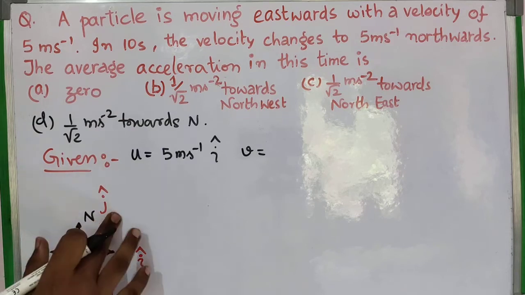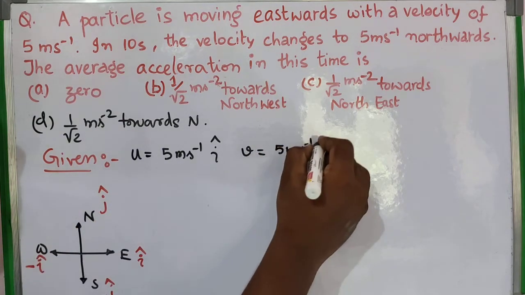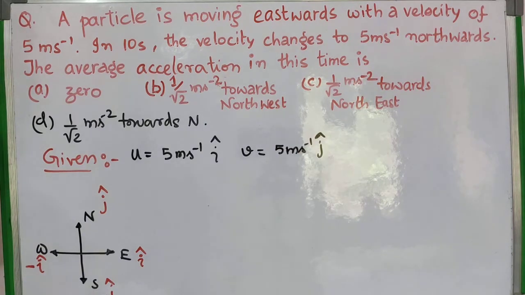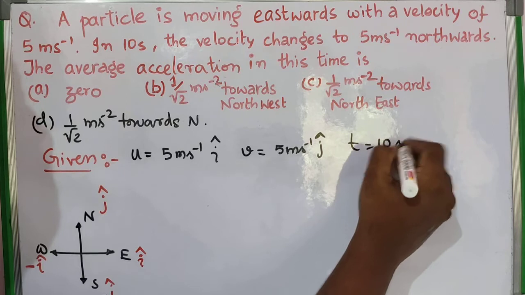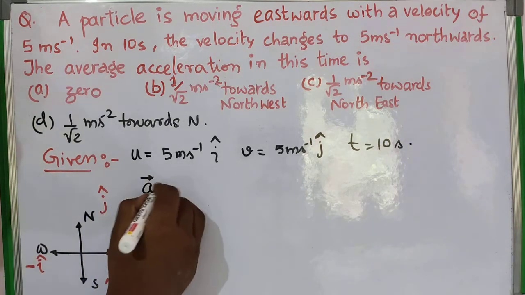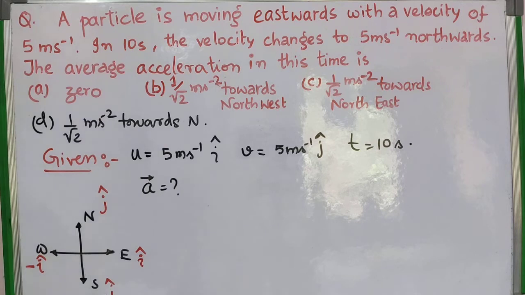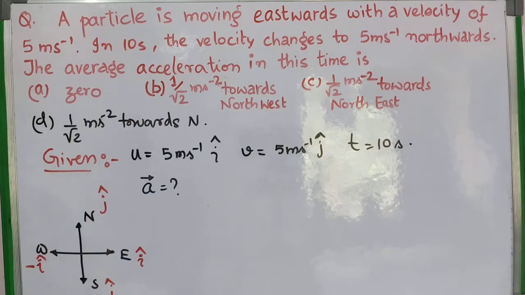Northward, which direction? j cap. So 5 meters per second, j cap. Right? So how much time has it taken to occur this? 10 seconds. Now, what is being asked? Acceleration has been asked, both magnitude as well as direction.